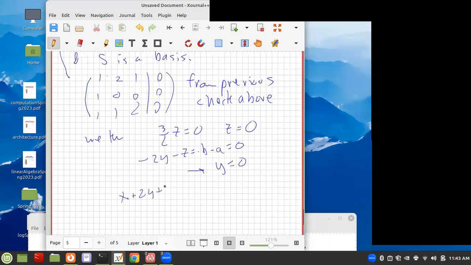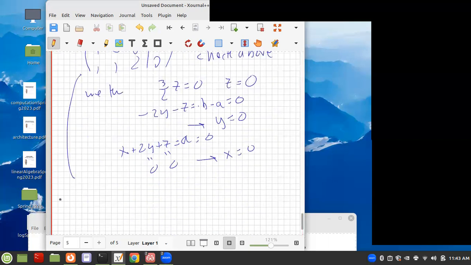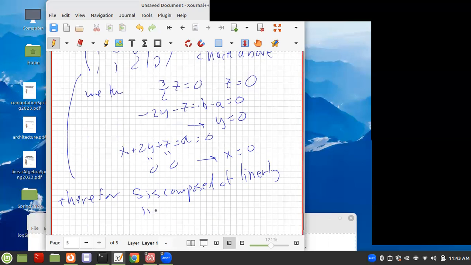Well, a is 0, z is 0, y is 0, therefore x is 0. So we've shown that this assumption, therefore, S is composed of linearly independent vectors.